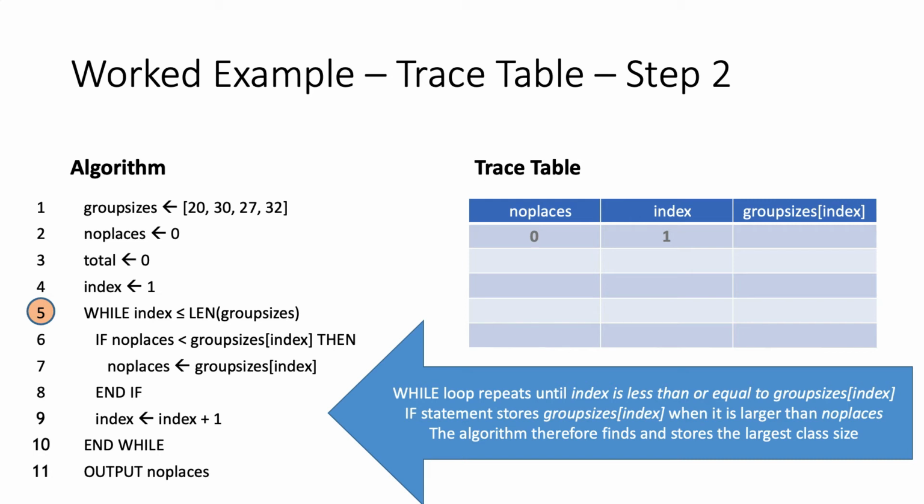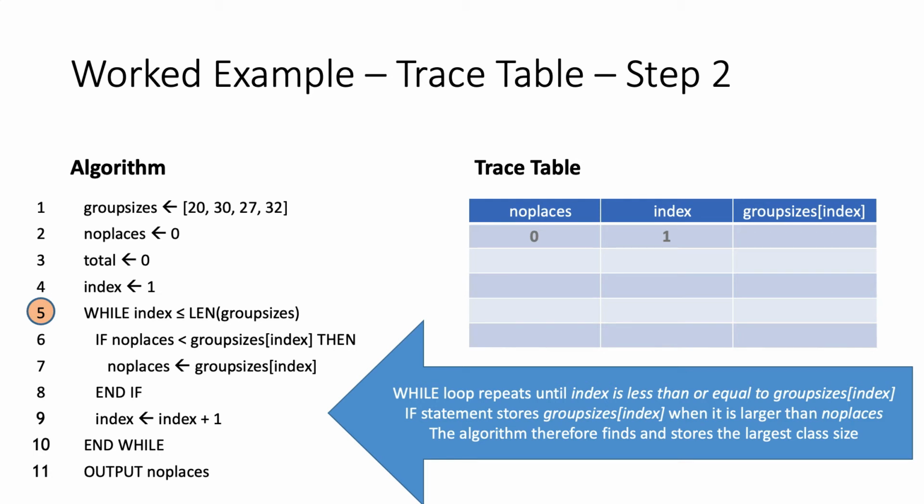Okay, so now we're on the while loop, the bit that sometimes people get a bit scared of. Notice that I've faded out the colours of the numbers in the table just to make life a little bit easier, a bit clearer. So if we have a look at this while loop, it goes while index is less than or equal to len group sizes.